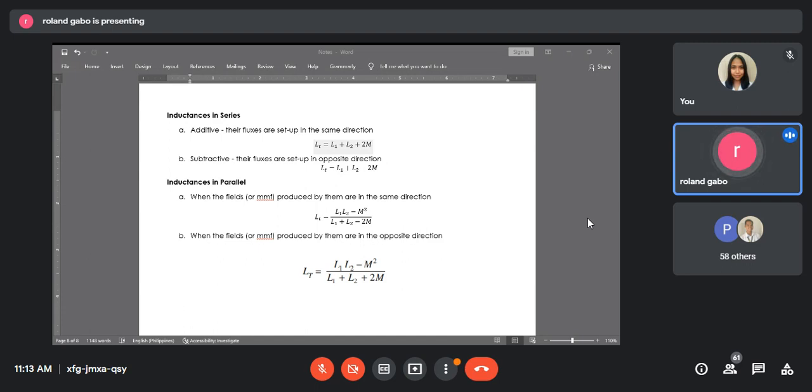I think wala siya kay example. Hindi na siguro. Usually naman ko'y S, I think, reluctance.